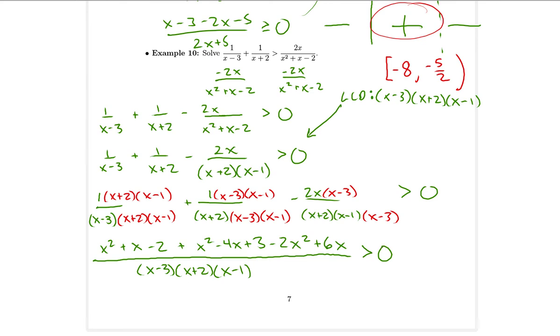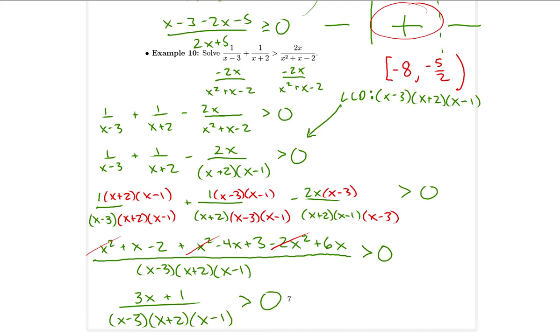Okay, so x squared and minus 2x squared, that just all goes away. And then as I look at what I end up with, I end up with 3x surviving as all the x terms, plus 1. All over x minus 3, x plus 2 times x minus 1, is greater than 0.